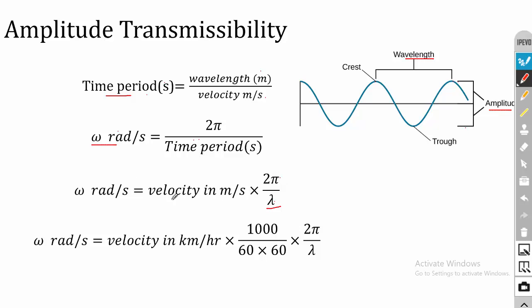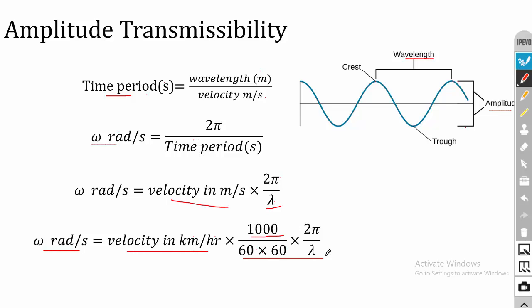In case the velocity is in kilometer per hour, then omega in radian per second is equal to velocity in kilometer per hour into 1000 to convert kilometer into meter, and this hour should be converted into second, so I multiply by 60 to convert it into minutes and again 60 to convert it into seconds, further into 2 pi by lambda.